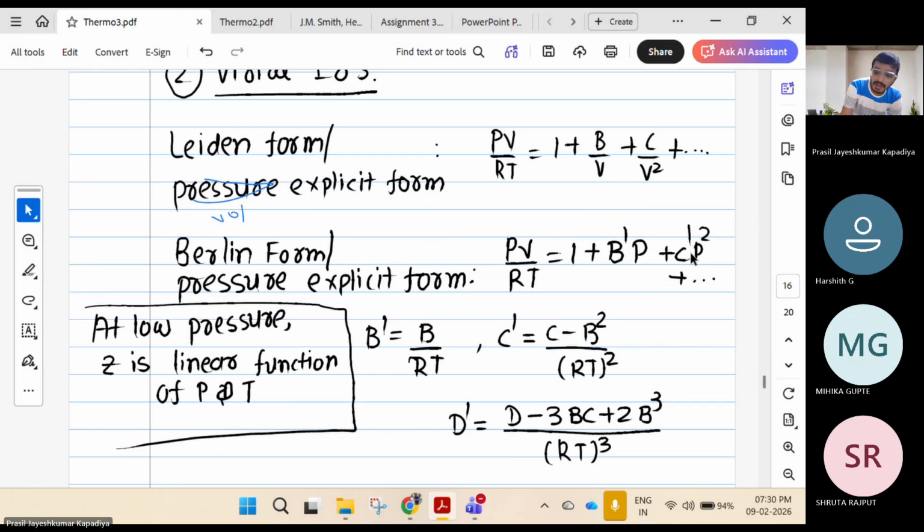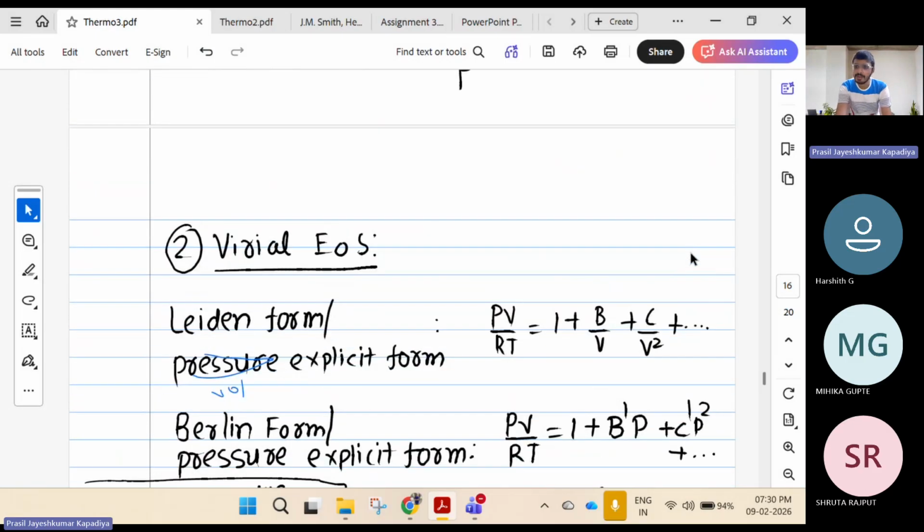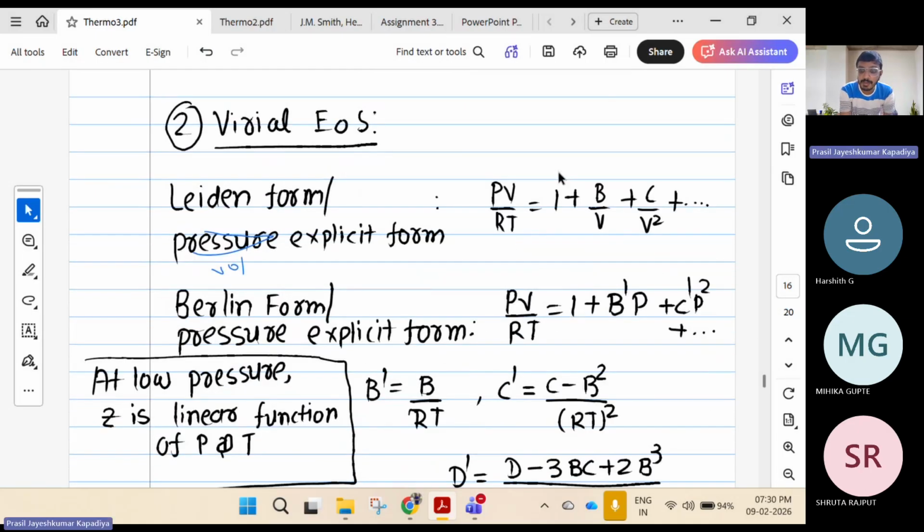Let's say, when does gas behave ideally? Gas behaves ideally at lower pressures. So my PV by RT, with pressure very low, the P square term will not be significant as I'm dealing at low pressure.